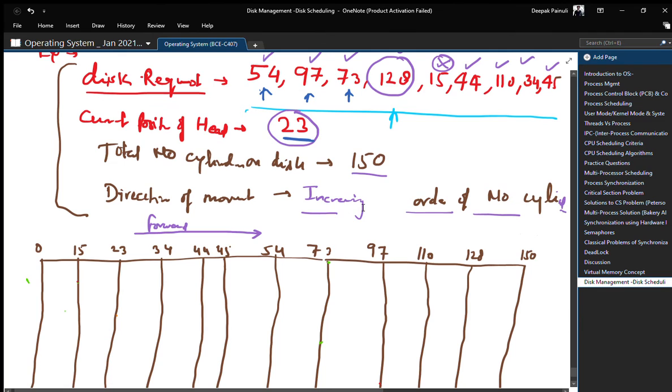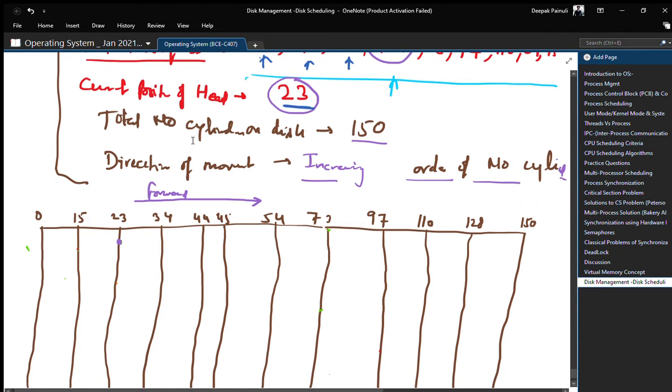Now, because the direction of movement is already defined, increasing order of cylinder, we will move in the same direction.